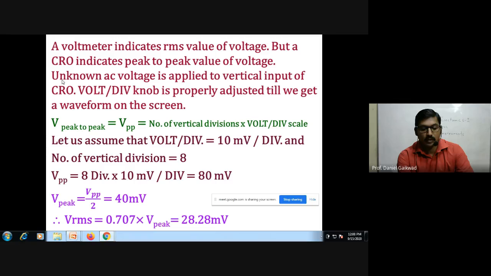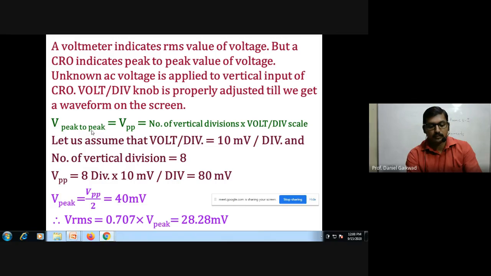Now check carefully. The unknown AC voltage is applied to the vertical input of the CRO. The volt per division knob is properly adjusted until we get an appreciable waveform of the signal on screen. Using that, we have a simple formula.